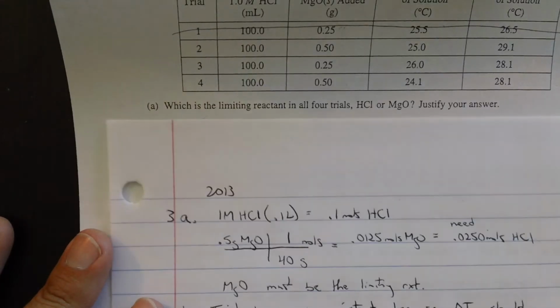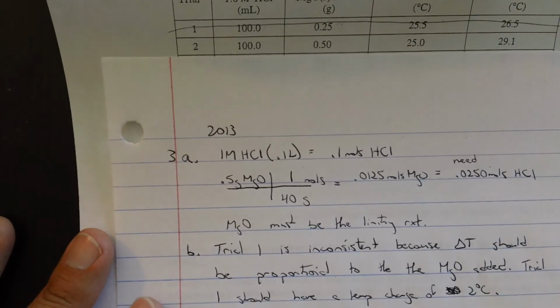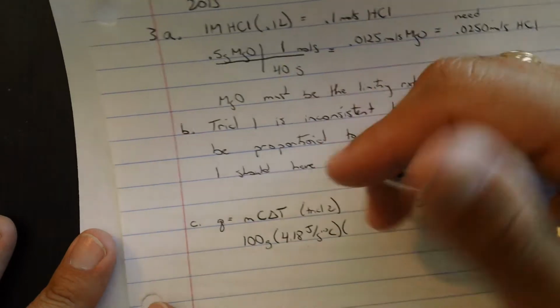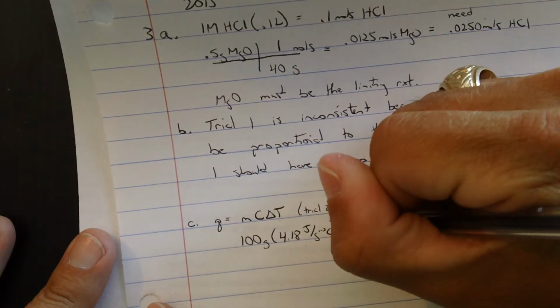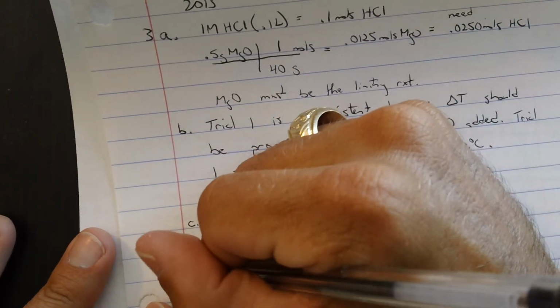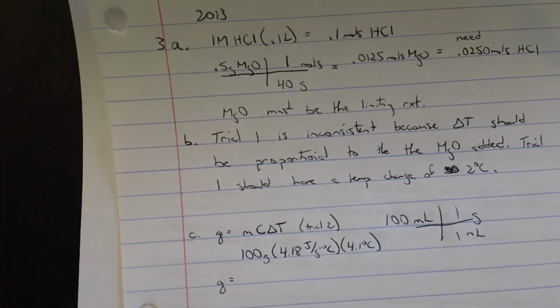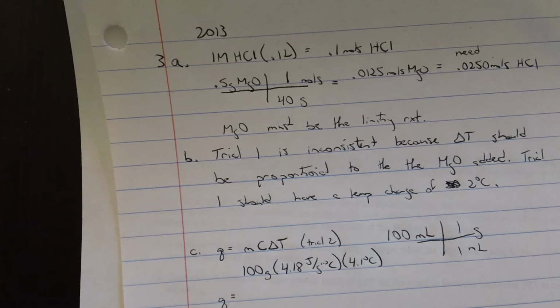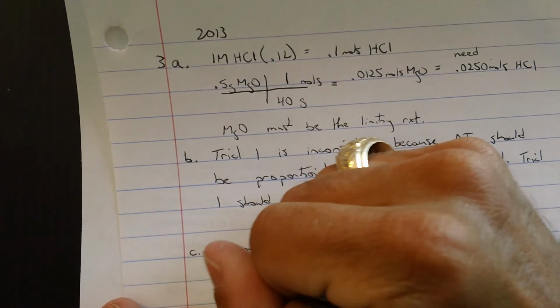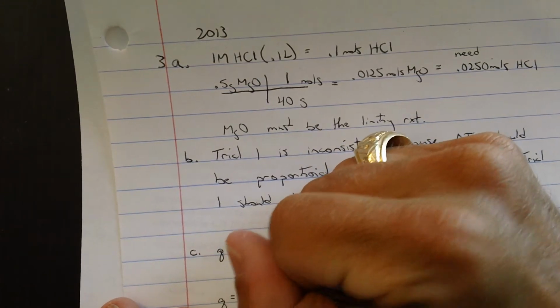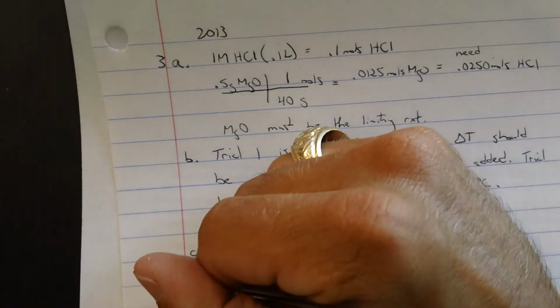Our change in temperature in trial 2 was 4.1 degrees Celsius. And so our Q for trial number 2, I'm going to plug it into my calculator, is 1.71 kilojoules of energy. That's my Q value.